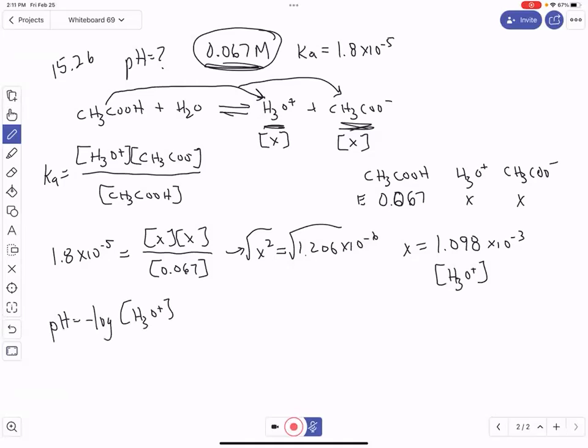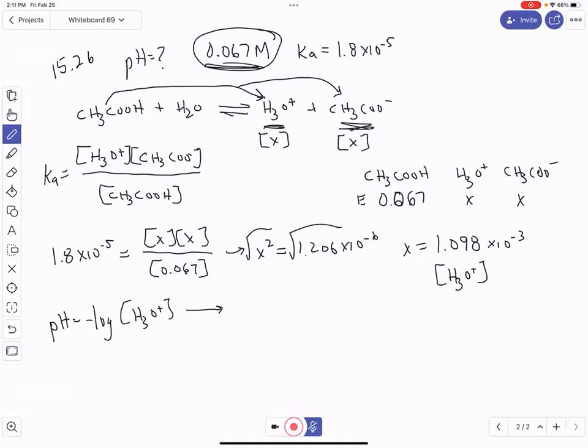And that's the challenge for a lot of these pH calculation questions. This was kind of the main calculation we were doing for equilibrium. We're not done there, because I found X, I found my hydronium concentration, but the question is asking me, what is the pH?